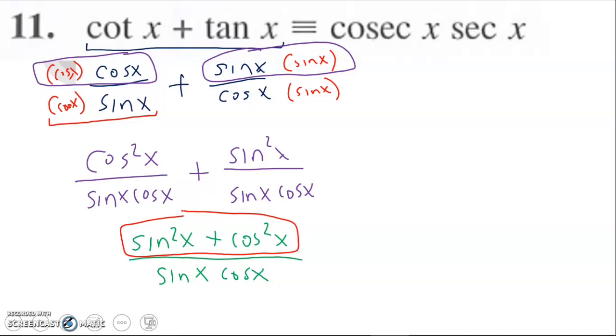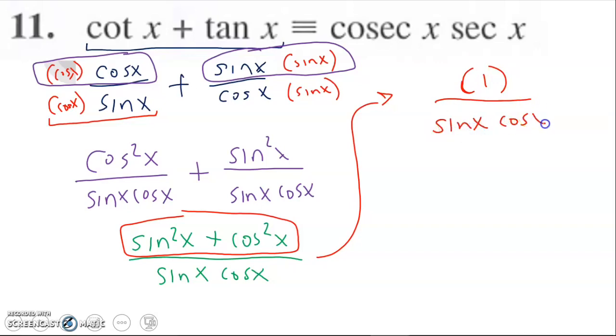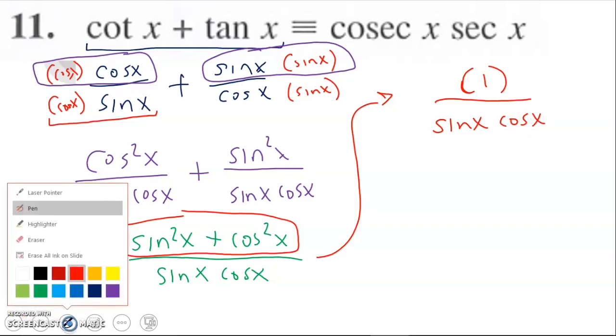Sine squared x plus cosine squared x is equivalent to 1. That's one of your Pythagorean identities. So I know that this is equivalent to 1 in your numerator, and I have sine x times cosine x in my denominator.